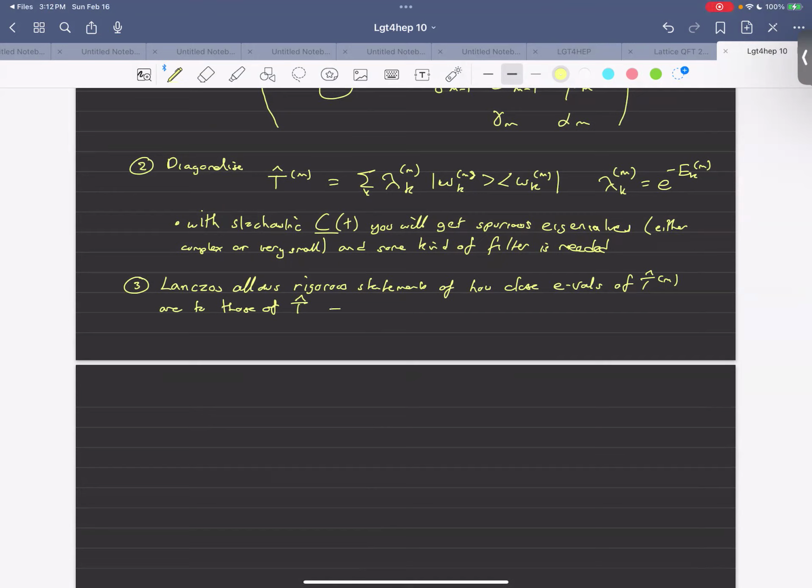I won't go into the details, but you can see a recent paper for exactly how those arise and what they are.